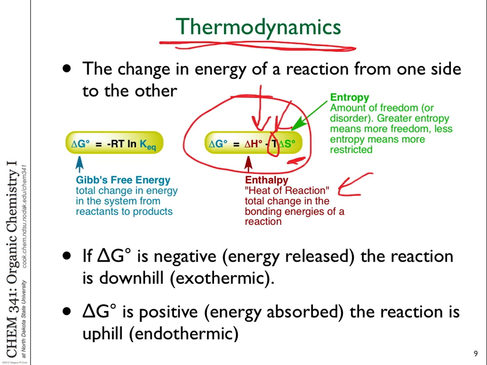So we can estimate the overall reaction equilibrium based on looking at just the bond enthalpies of what's broken and what's formed. This, again, is referred to as thermodynamics when we're considering the overall energy change in a reaction.